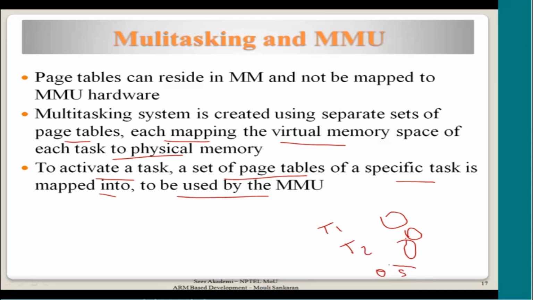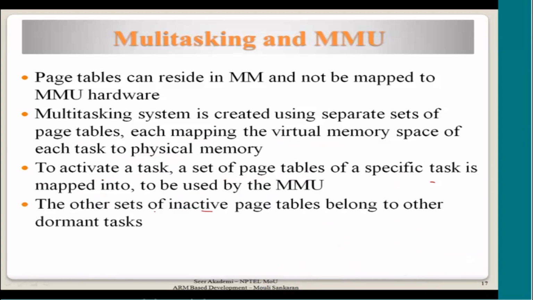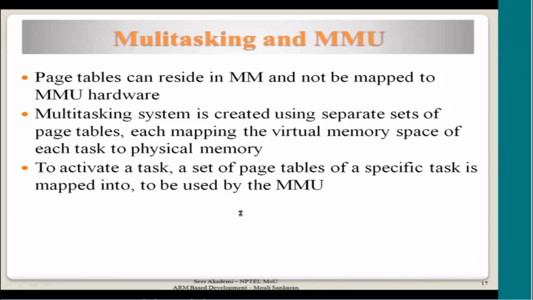So the OS is residing in an area where the MMU need not be involved, because it is residing in an area which is one-to-one from virtual to physical, including the page table entries. That is why I am calling the OS a lower area where we don't need to access them using the MMU. The other sets of inactive page tables belong to other dormant tasks.